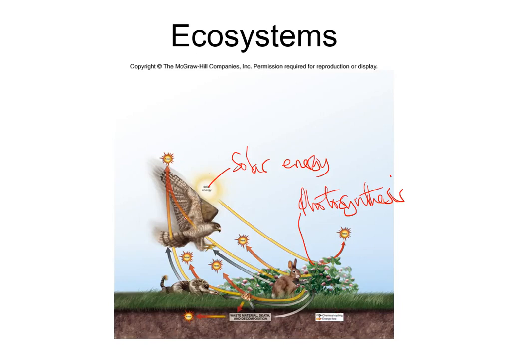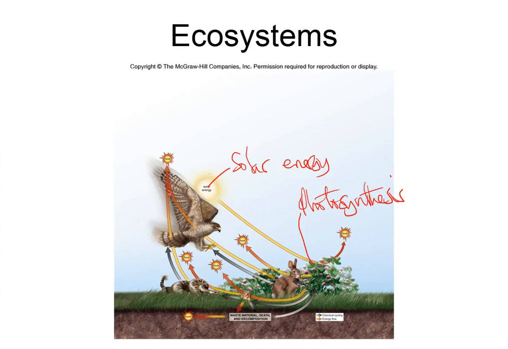The hare here will eat the plant, and the falcon, or the eagle, is going to eat the hare, and so on. The snake is also going to eat the hare and transfer that energy. So there is just energy transfer.